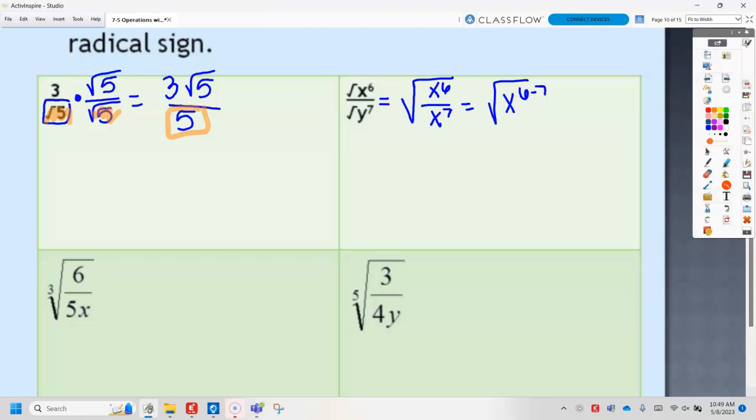All the 6's on top cancel, and we get 1 over x. That leads us to a problem similar to the first example, where we cannot have a square root in our denominator. So you have 1 over the square root of x.